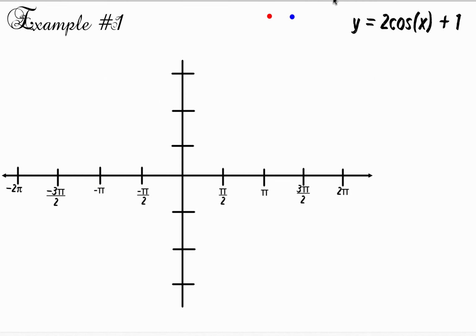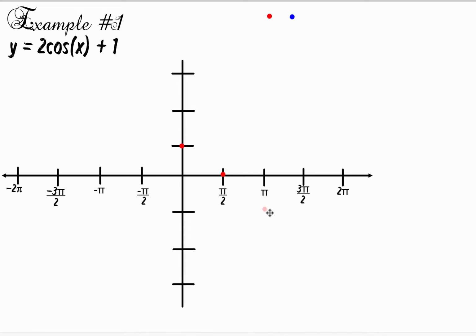We have a cosine wave. That's what example 1 wants us to look at. Before I graph double it and plus 1, I'm just going to take time and get my mind straight and remember what a cosine wave looks like. All right, well, a cosine wave goes 1 high, so I'm going to designate that spot right there as 1. And then it hits the x-axis.